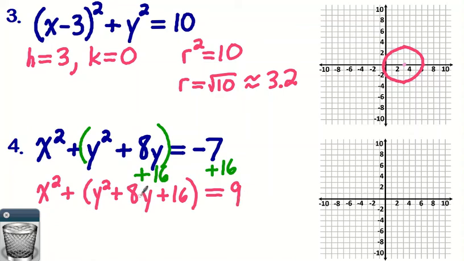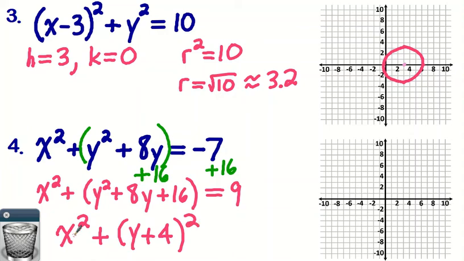Now, I already mentioned this, but I hope you understand why this is going to get us where we want to go. This unfoils into y plus 4 times y plus 4. In other words, y plus 4 squared.